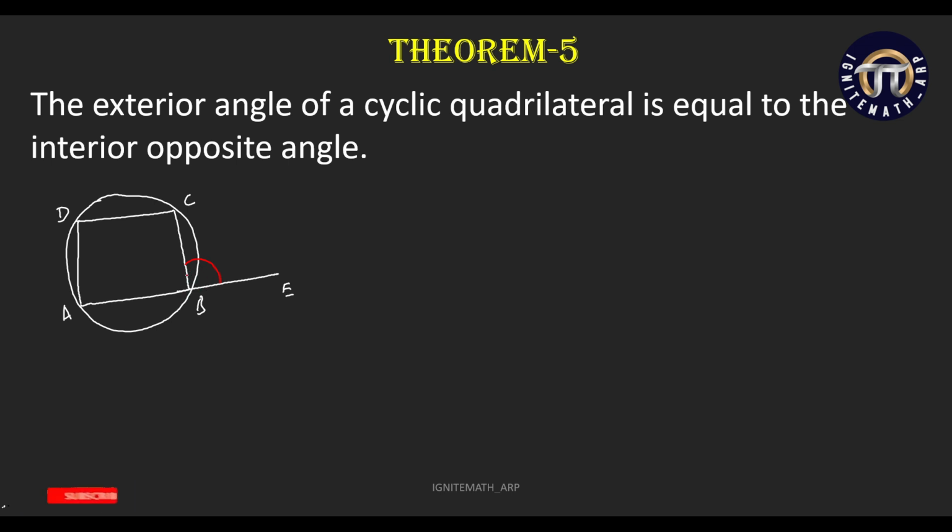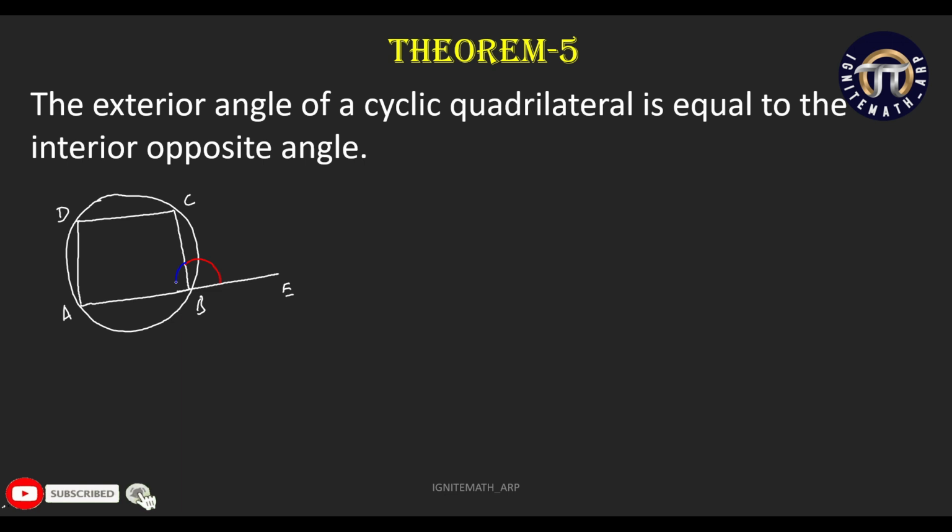The angle which is found outside the cyclic quadrilateral is nothing but the exterior angle of the cyclic quadrilateral, and it will be equal to the interior opposite angle. This is the interior angle and the opposite angle. Clear, children? So what does it mean? I can say that angle CBE is equal to angle D. Clear, children? Yes or no?